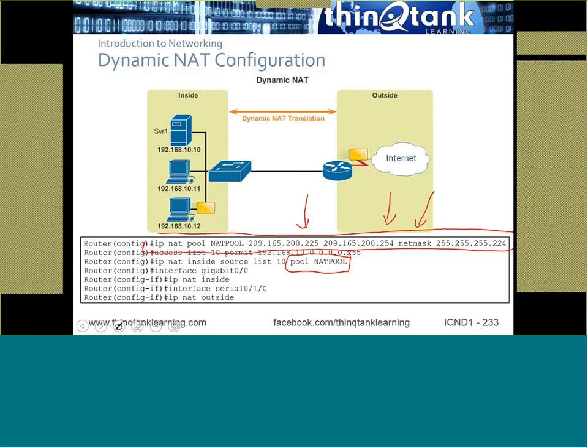So this is the beginning of the pool, this is the end of the pool. If all of those addresses are exhausted, if all those addresses are used, then nobody else can go out to the internet. Well, they can go out, they just won't be translated, which means essentially it won't work.